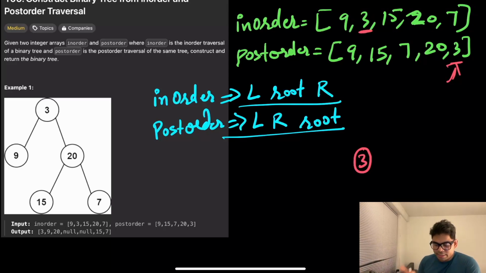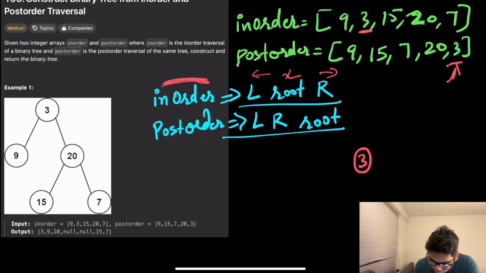I find the index of 3 in in-order, then I know that in in-order traversal, this value which I just made root will be right in the middle, and the left side of this will be the left subtree, and the right side of it would be the right subtree.